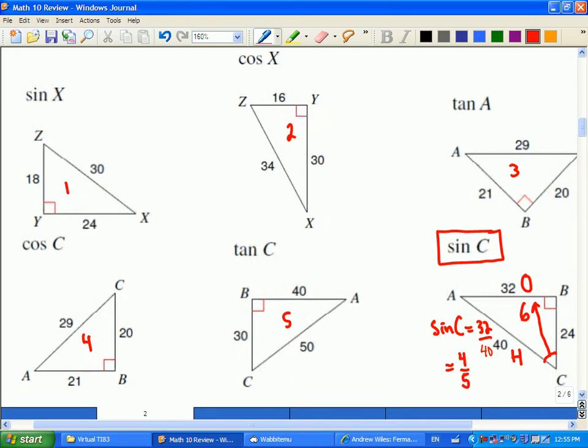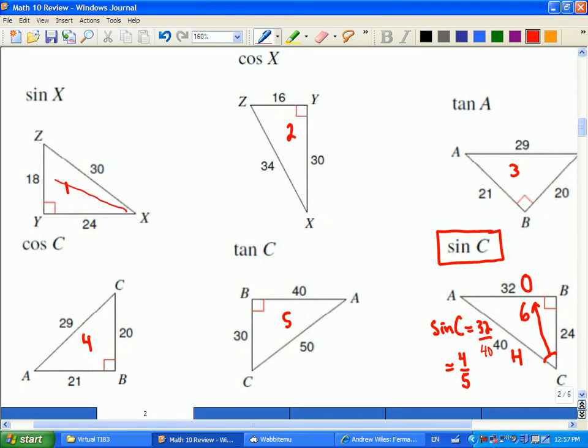How about another number then? Number 1. See if you can figure out the sine of x, and then I will come back and show you how it's done. What did you get for triangle number 1? Sine of x is 0.6 as a decimal, but what's the fraction? Yeah, 18 over 30.